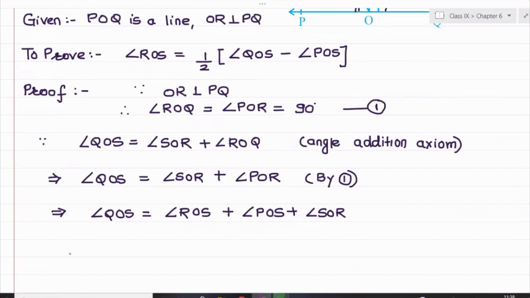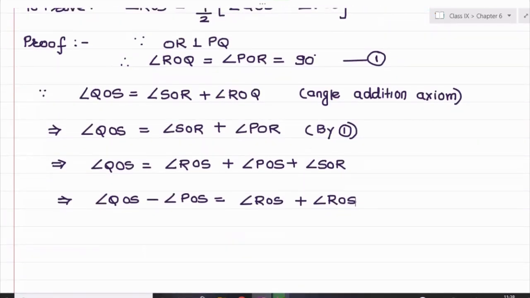Now here we can do one thing, angle QOS we can write down as it is. Angle POS I can bring on this side, so it will become negative, and angle ROS I am writing as it is, and SOR I will also write as angle ROS, because SOR and ROS are the same. This angle POS I bring on the left hand side, so it will become negative.